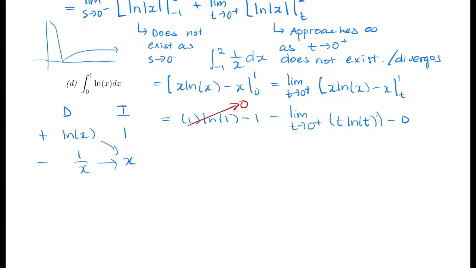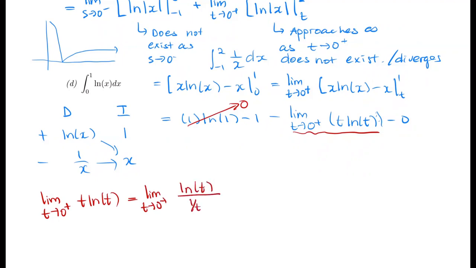We saw the negative 1, but I'm going to be focusing on this part here. So we have the limit as t approaches 0 from the right of t ln of t. I'm going to rewrite this as the limit as t approaches 0 from the right of ln of t divided by 1 over t. Now, as t approaches 0, we're going to get infinity over infinity, which is an indeterminate form. So that means we could use L'Hopital's rule.